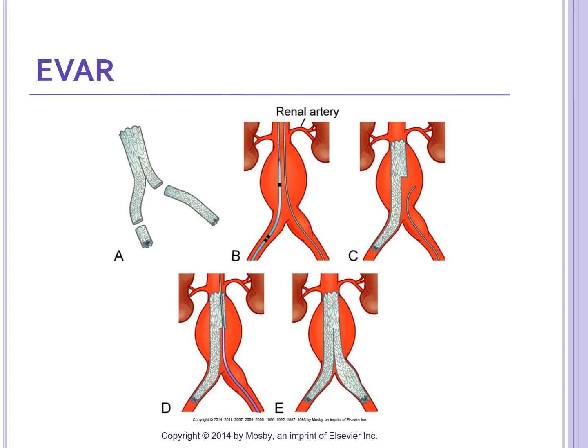And this is what it looks like. So as you can see, there's a catheter that's threaded up to where the aneurysm is. There are grafts that are placed in there. They look like little stents, but we call them grafts, to wherever that aneurysm is. And it doesn't need to be sutured. Some of them have little hooks that will help that graft or that stent stay in place.